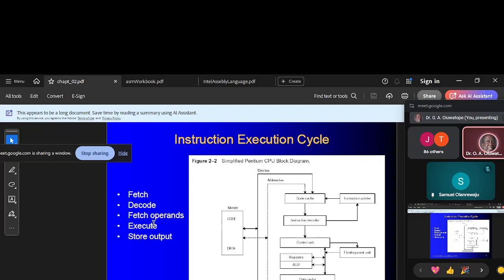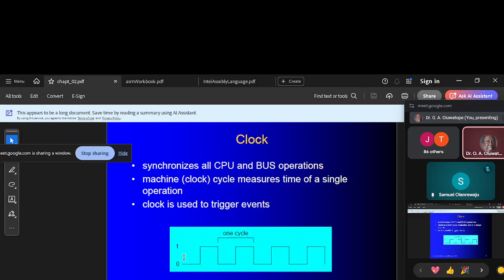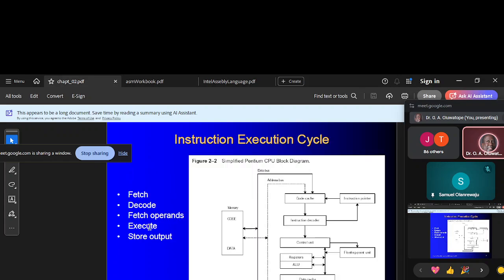So the next stage is what? Execute. At the stage of execute, remember that the control has been decoded, the circuits have been identified, and the data, that's the operands, has been fetched and placed in the arithmetic logic unit. So the next thing is to execute.